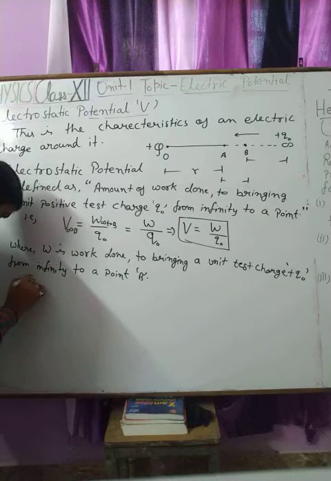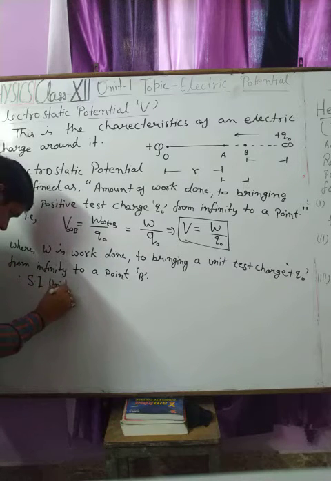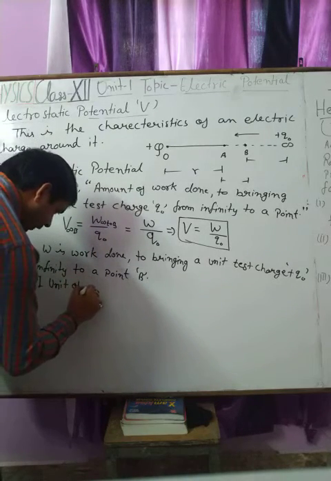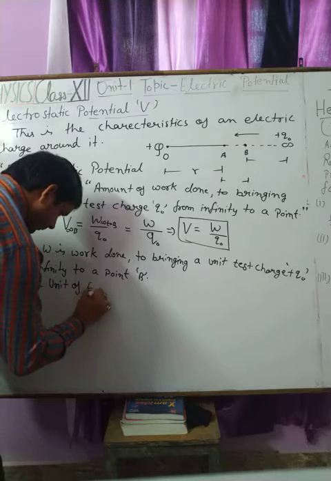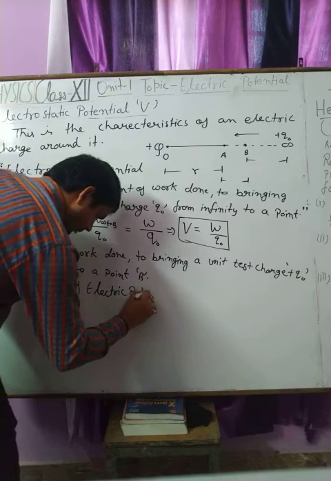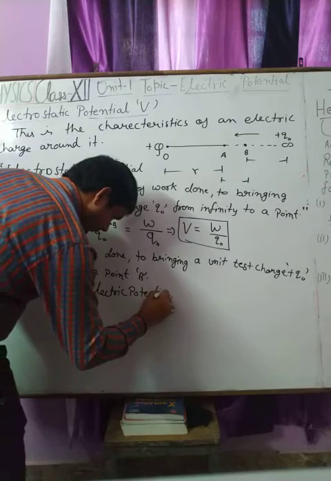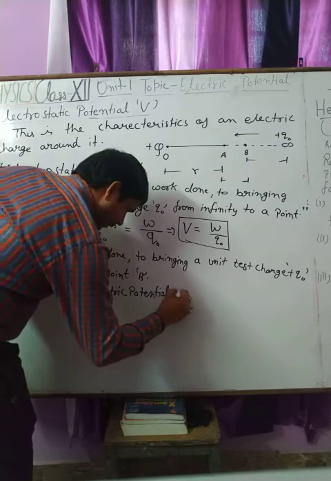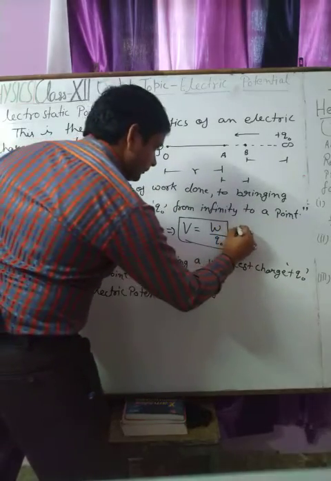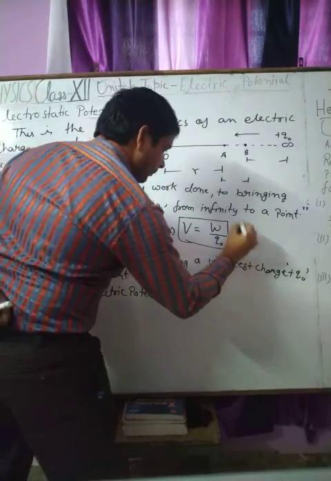Okay, the SI unit of electric potential V is joule per coulomb.